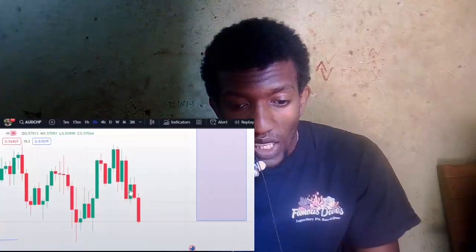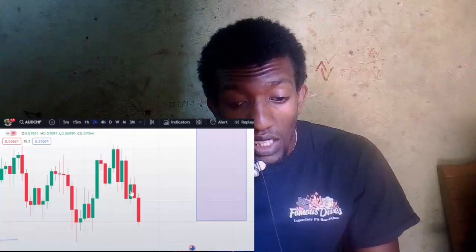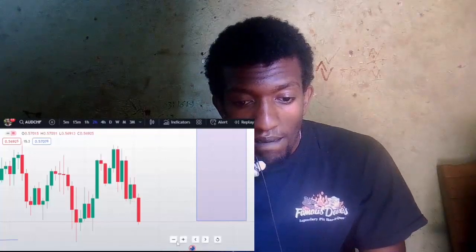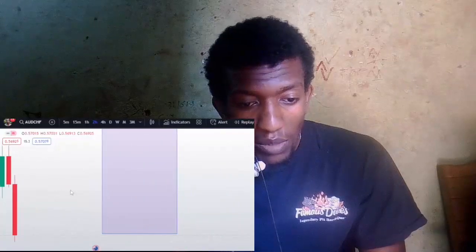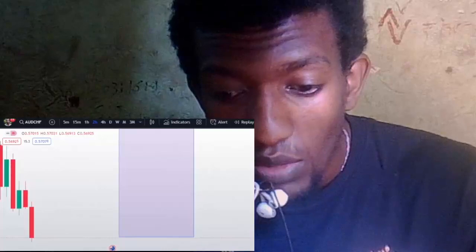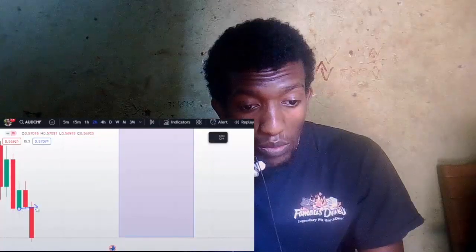So this green candle that you are seeing right here is a bullish candle. Let me zoom in a little bit so we can see it better. Let me use an arrow.